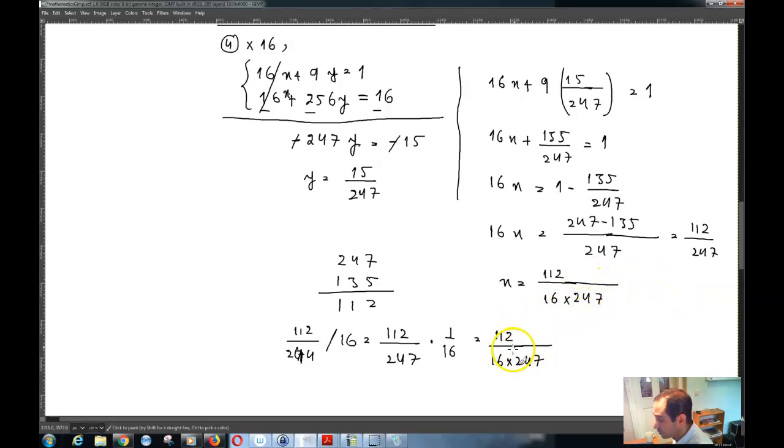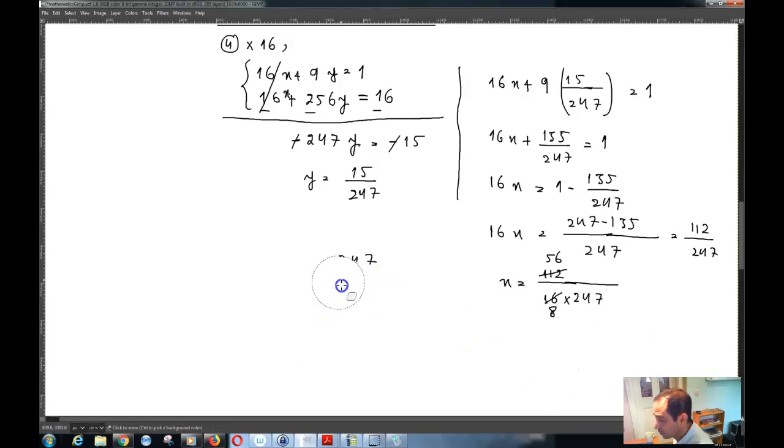You can simplify this a little bit. 112 is 16 times 7, so over here you have 112 and 16, which simplifies to 7. So your x is equal to 7 by 247.